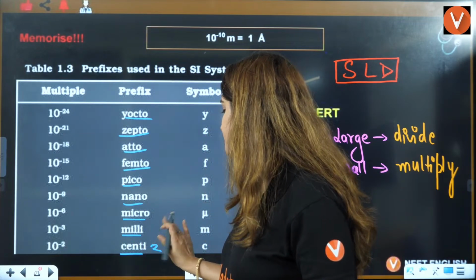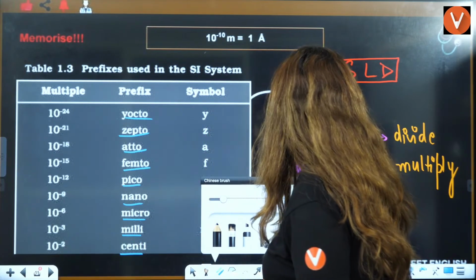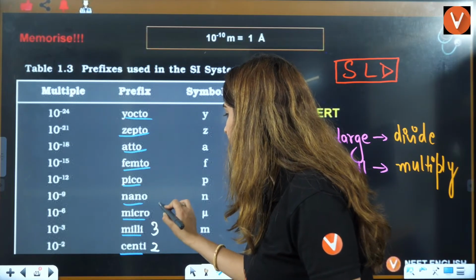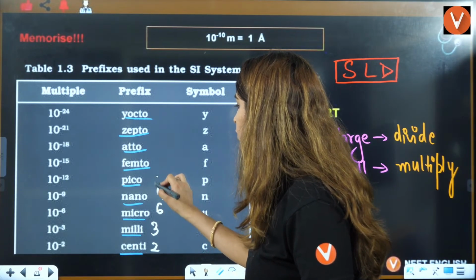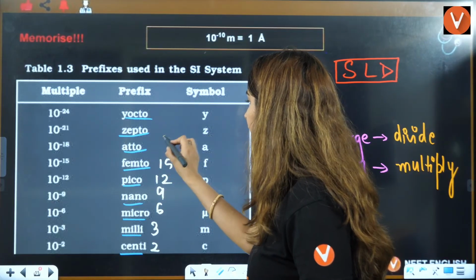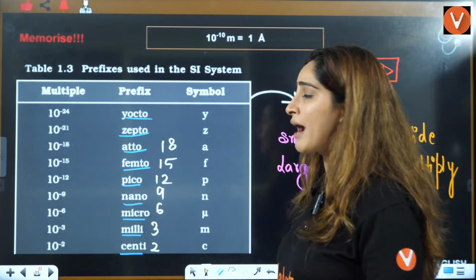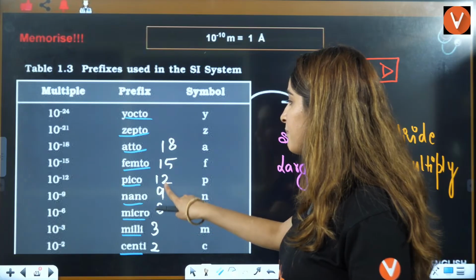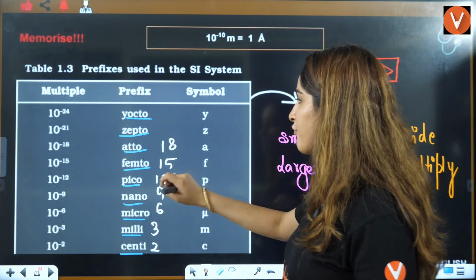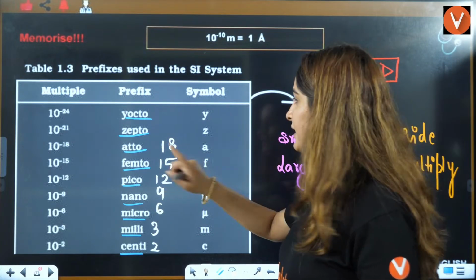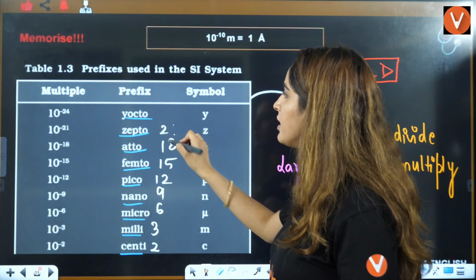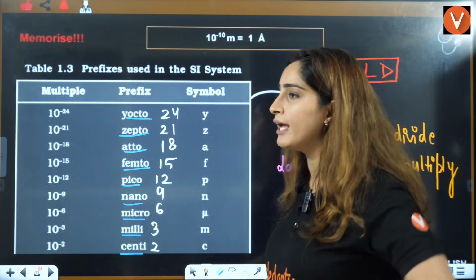Milli is 3. Centi is 2, milli is 3, micro is 6, nano is 9, pico is 12, femto is 15, atto is 18. Now you just have to add 3 each time. 9 plus 3, 12; 12 plus 3, 15; 15 plus 3, 18; 18 plus 3, 21; 21 plus 3, 24.